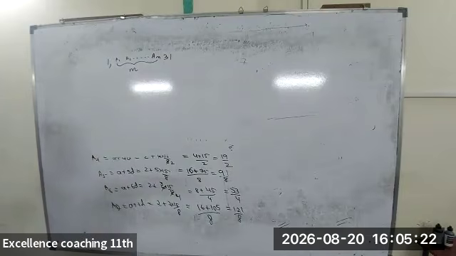And the ratio of the 7th and the (m minus 1)th term is 5/9. Find the value of m.